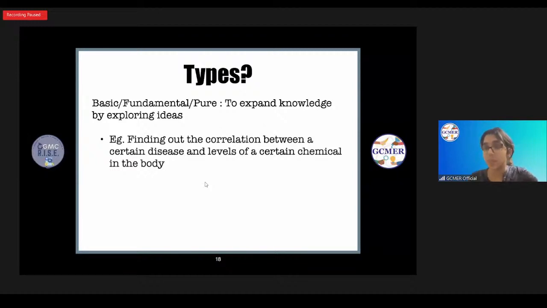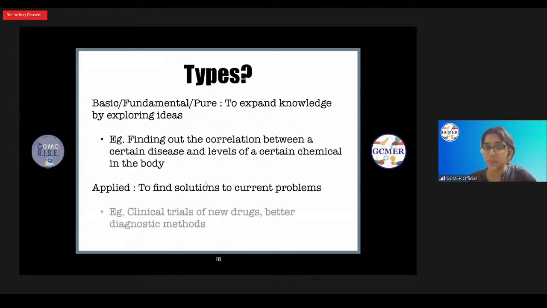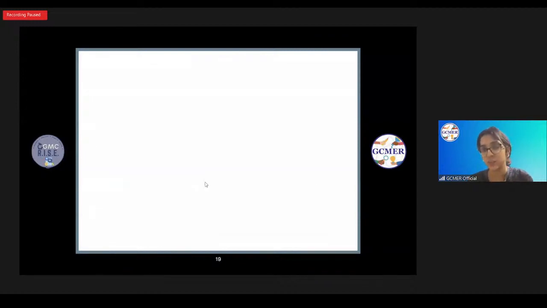That is basic research, but it's again very important. The second type is applied research, that is to find solutions to current problems. For example, you are doing the clinical trials of a new drug or of better diagnostic methods. That's known as applied research. Many a times when you're submitting your research or your abstract to conferences, you'll often come across these categories, and that's why it's very important to know what these categories mean and which category your research fits into.